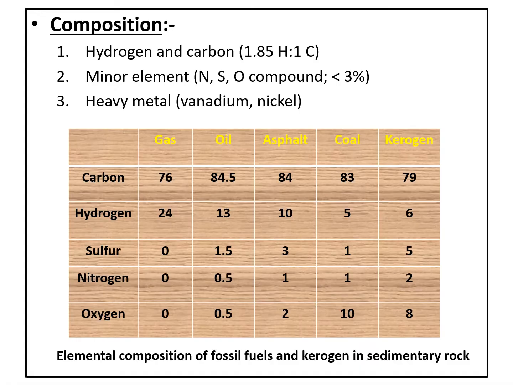Alright, so petroleum is usually composed almost entirely of the elements hydrogen and carbon, in a ratio of about 1.85 hydrogen to 1 carbon atom in crude oil.